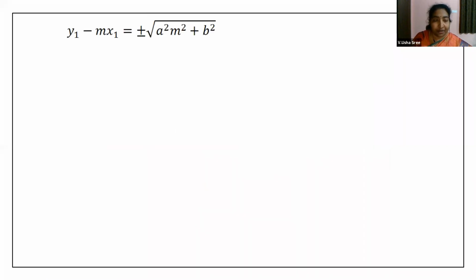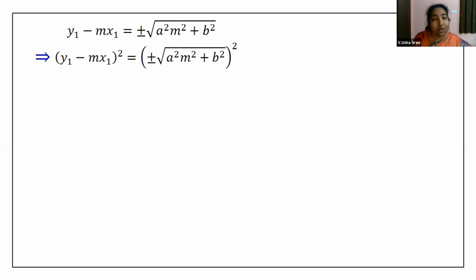Got it, children? Now, we will square this equation on either sides. When we do so, we will get it as y1 minus mx1 whole square is equal to plus or minus root of a square m square plus b square whole square. Okay. Now let us expand this.